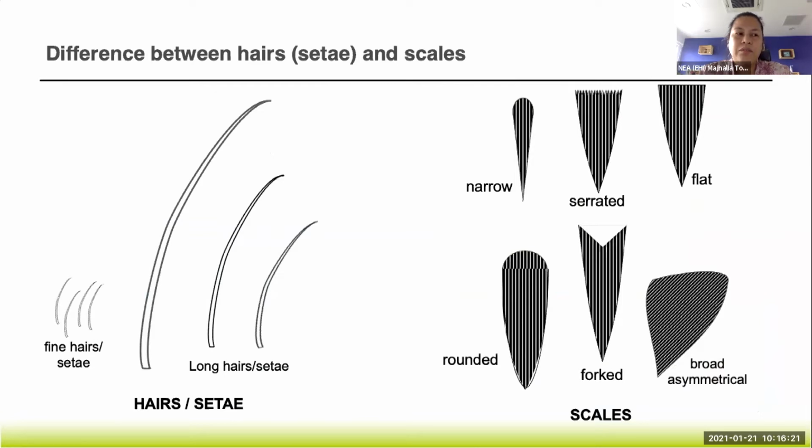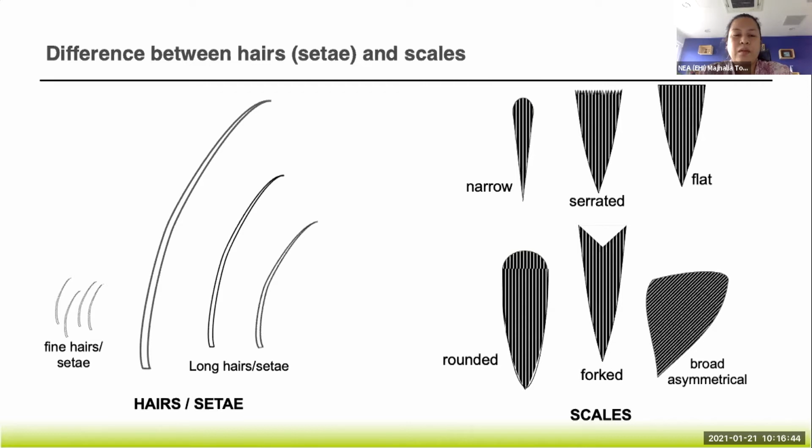It's really hard to tell because when you see the scales, there are so many different forms of the scales. There are narrow scales, serrated scales, rounded, forked, broad asymmetric, many types of scales. But you notice that the hairs are just elongate structures.